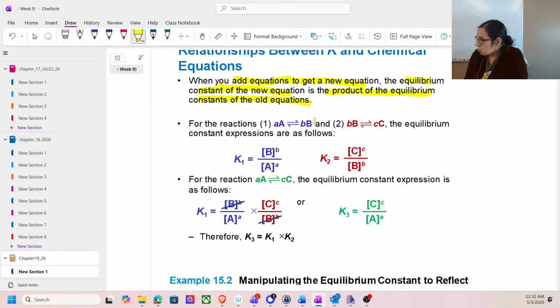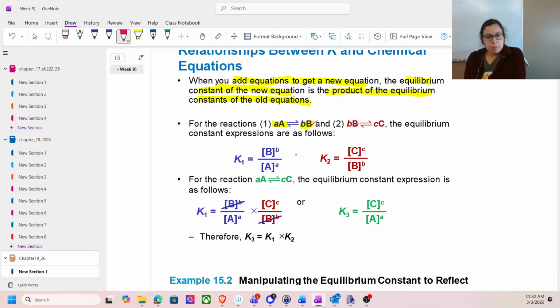Let's walk through how they got there. We have A goes to B, which is kind of our intermediate, and then B goes to C. We can add these equations together such that B will cancel, and we're just looking at our A to C relationship.